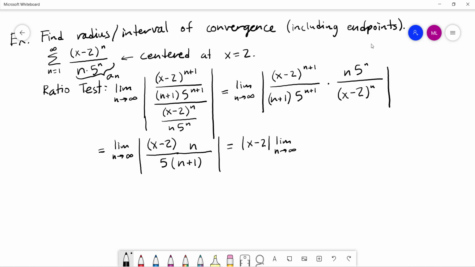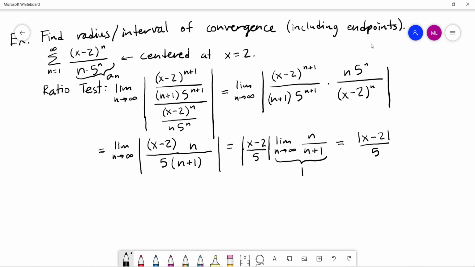So it's not x minus 2 that I'm going to pull out. I'm going to pull out x minus 2 over 5. There we go. That's the piece that I meant to pull out, times n over n plus 1 in the limit. And now this is the thing that's going to 1. And we wind up with simply the absolute value of x minus 2 over 5. The 5 itself is obviously positive, so I'm going to just put the absolute value up on the numerator. So that's what we've got.